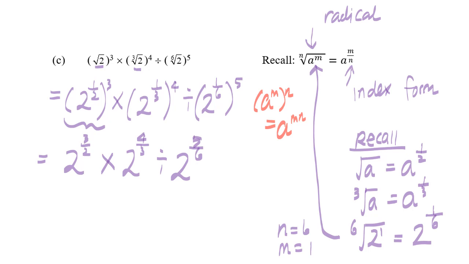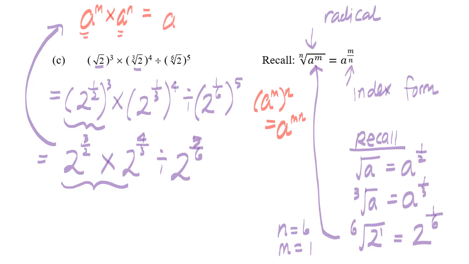If we remember what we wrote earlier on, we can apply this one for these first two terms. When you have the same base and you multiply, you add the power. So that will give us 2 to the power of 3 over 2 plus 4/3. And here we're talking about division.